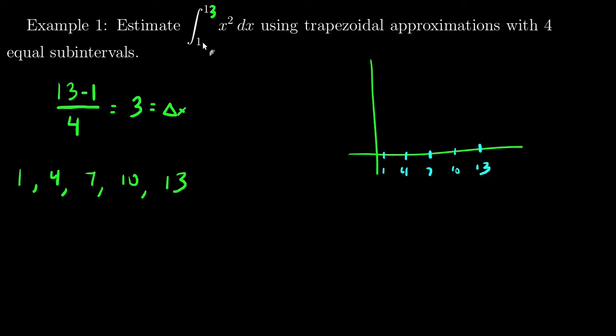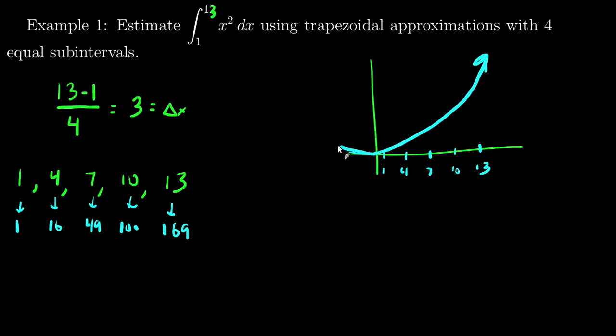I'm going to put these into the integrand, x squared. 1 squared is 1, 4 squared is 16, 7 squared is 49, 10 squared is 100, 13 squared is 169. The curve we know looks like this. It's a parabola.